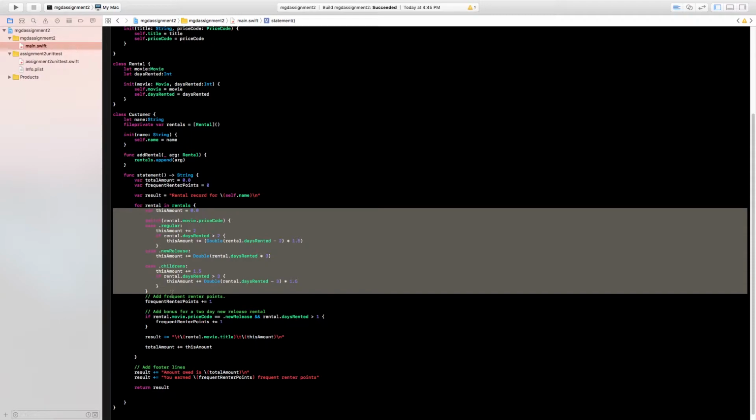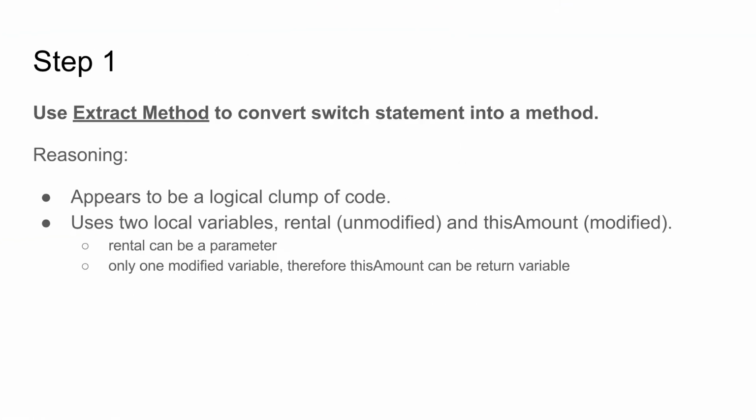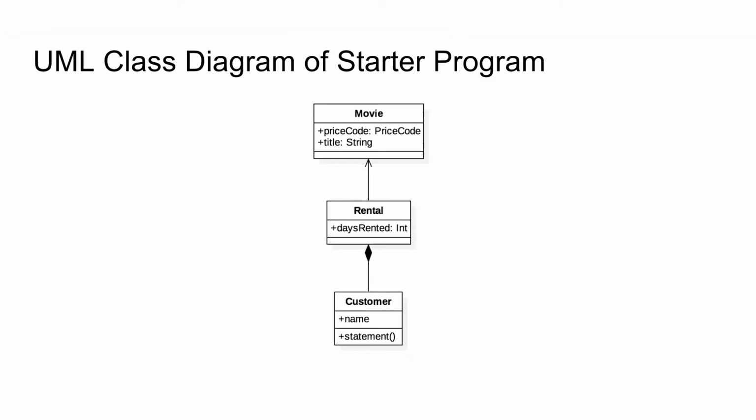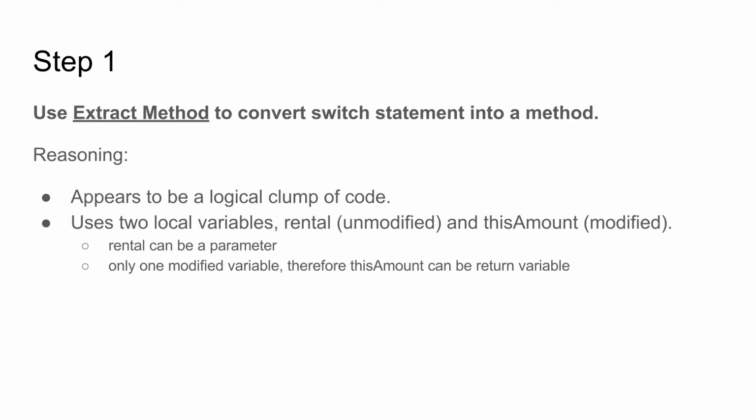The reason we chose this as our first refactoring is that it appears to be a logical clump of code, and there are two local variables: rental, which is not modified, and this amount, which is modified. So rental can be a parameter, and this amount can be a return variable.